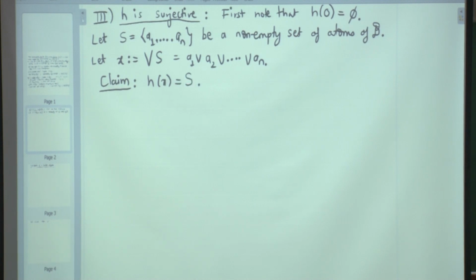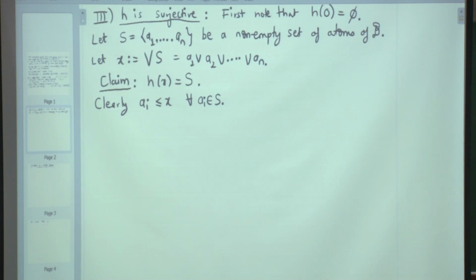So what do we need to show for showing two sets are equal? Both are subsets of each other. Okay. So clearly Ai is less equal x for all Ai in S, right? Because x is their join.